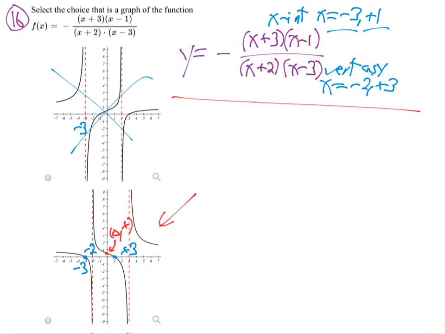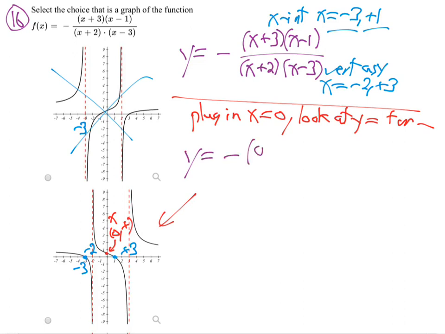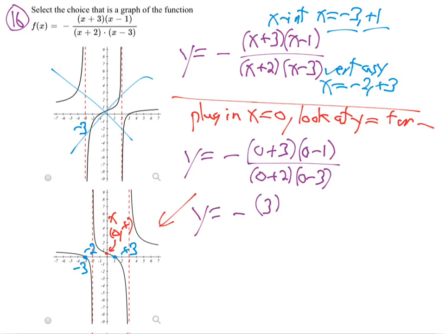So I got to find out which one's right. So let me try plugging in x equals 0 and see if I get a negative number or a positive number. So let's plug in x equals 0 and look at whether y is positive or negative. So we got y equals negative, going to plug in x is 0. So that would be 3, -1 over 2, -3.